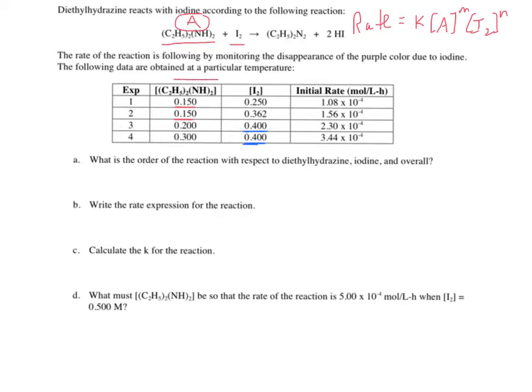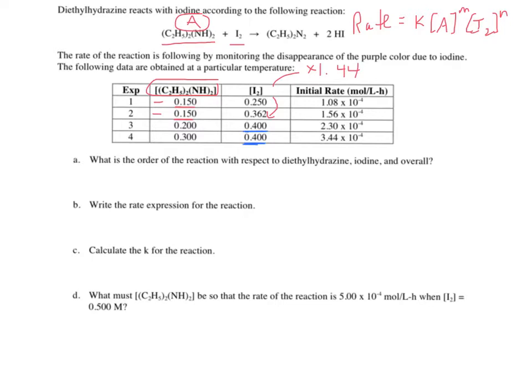So I'm going to look at this diethylhydrazine, and for these two right here, you'll see that its concentration is not changing at all. At the same time, the concentration of I2, as I go from one to the other, you can divide that out, 0.362 divided by 0.25, and that's times 1.44.